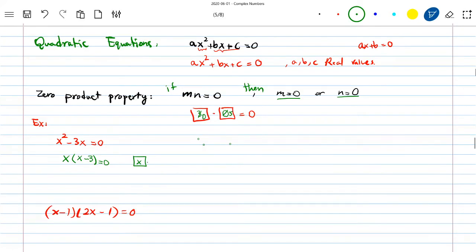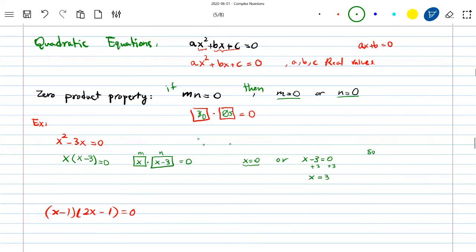First box is x, second box is x minus 3, and you have it equal to 0. One of these two boxes must be 0, because there is a product of m and n, whatever m and n are. So x times x minus 3 equals 0. I can say either x is 0 or x minus 3 is 0. x is 0, it's already a solution. x minus 3 is 0. You can solve this, this is a linear equation. You can add 3 to both sides and say x must equal 3.